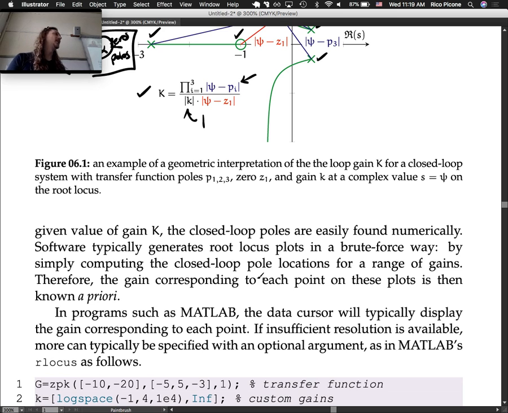It finds the roots of the denominator of the closed loop transfer function for each value of gain. So it picks gain equals 0 and finds them, takes gain equal 0.1, finds that, gain equal 0.2, finds that.